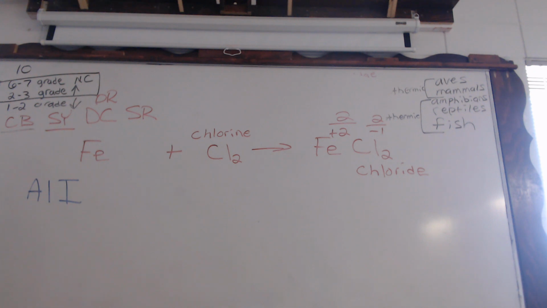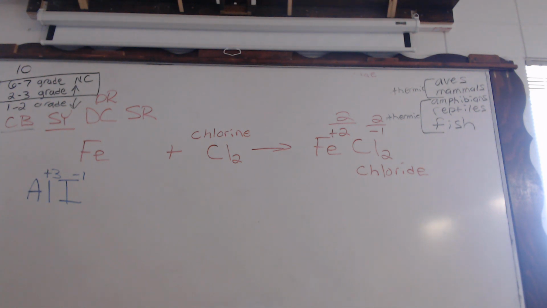Aluminum has a -3, right? Those don't add up to 0. Nope. So the greatest common factor is 3. So then iodine has 3.